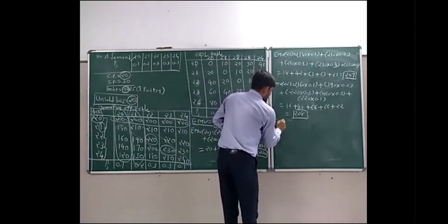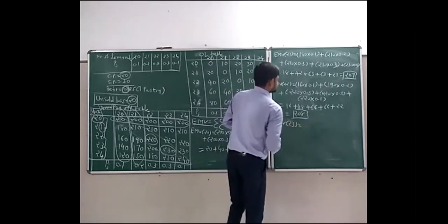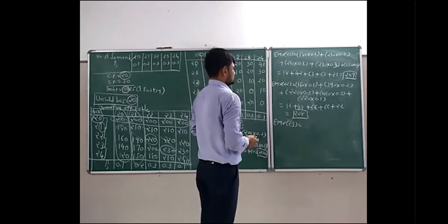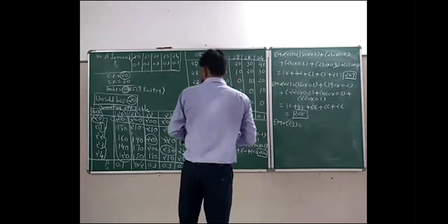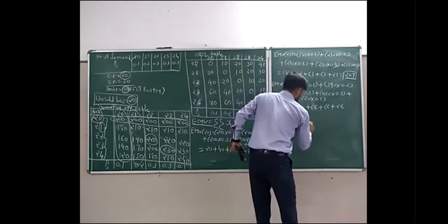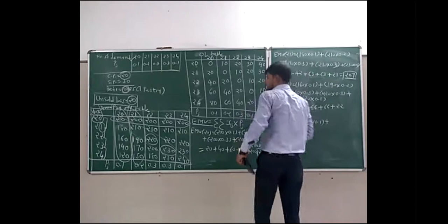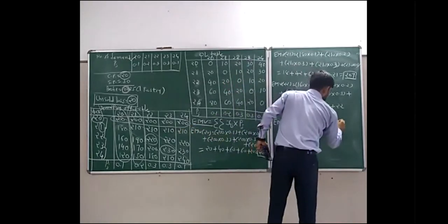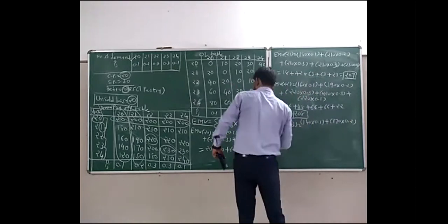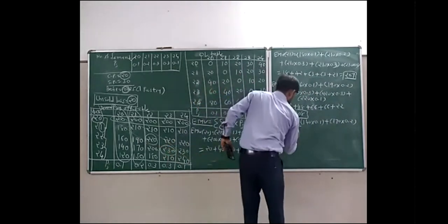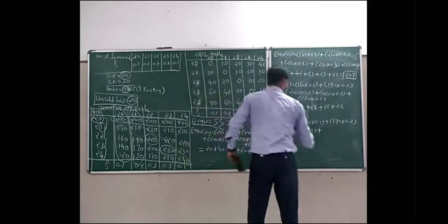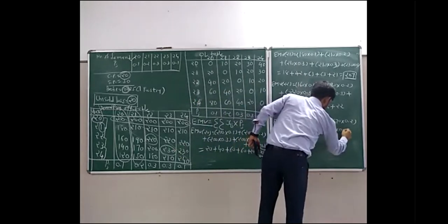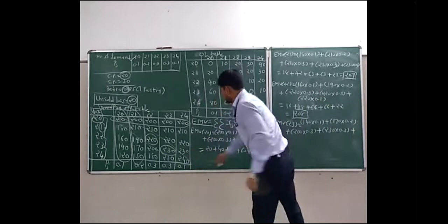Thereafter, we'll find EMV for 23. Okay, so the fourth row: 140 into 0.1 plus 170 into 0.2 plus 200 into 0.3 plus 230 into 0.3 plus 230 into 0.1.